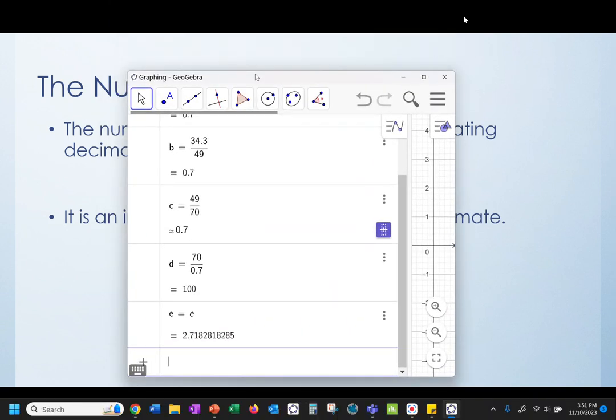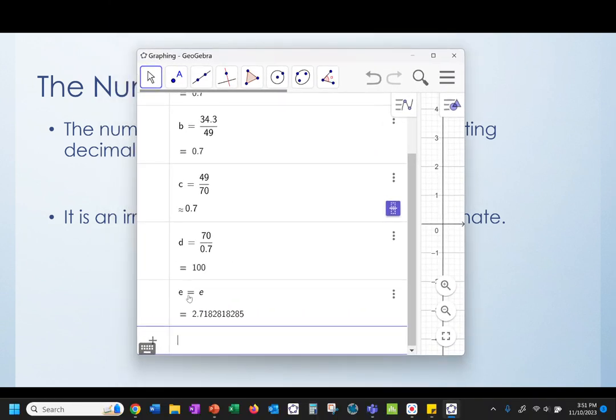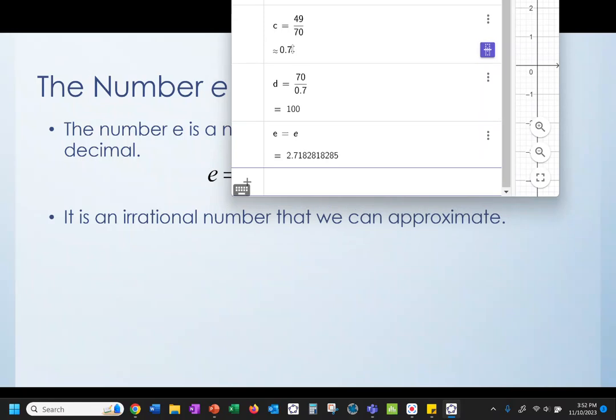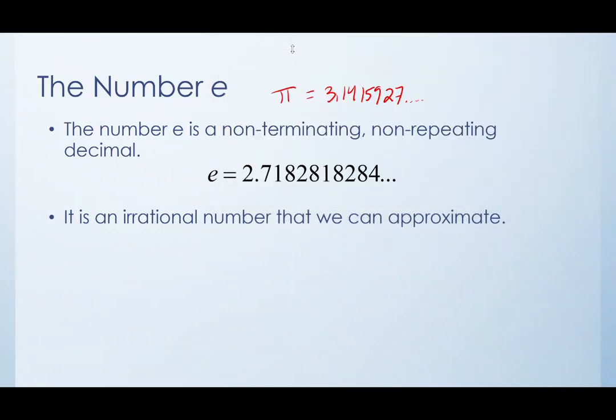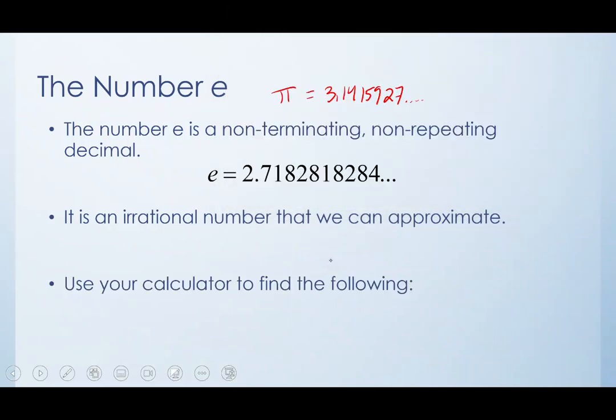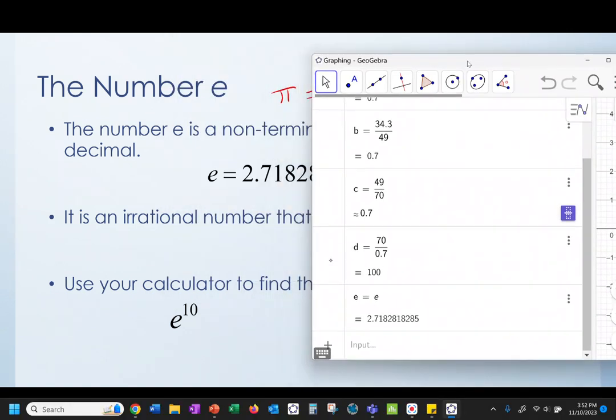See here, I just typed e, and it said, oh, you don't want a new slider, you want 2.718, and so on. You can use your calculator to find, hey, what's e to the 10th? Well, it's going to be about 2.7 to the 10th.